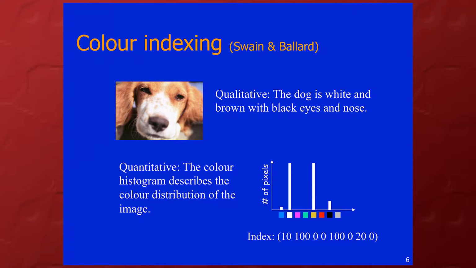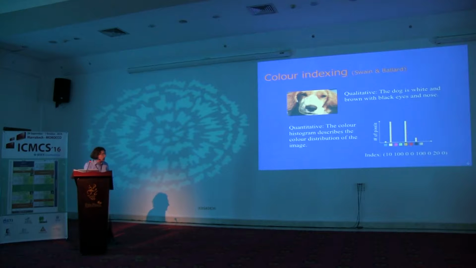Color is very useful, and the way we can do it is take an image, calculate a color histogram, so frequencies of the colors in the image, and use that as an index, as a feature, and then search based on that.